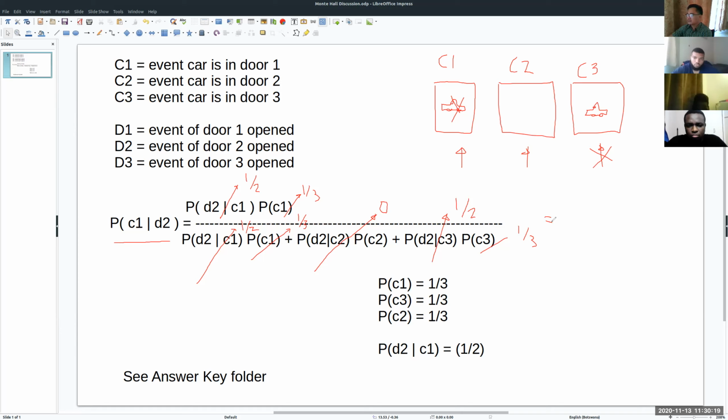Okay, so is this correct now? This is 1/2 times 1/3, divided by 1/2 times 1/3, plus 1/2 times 1/3. Maybe this is wrong.